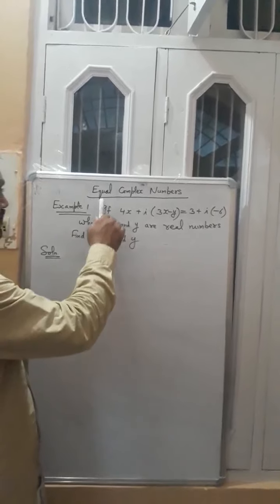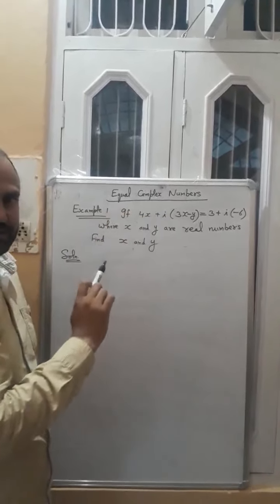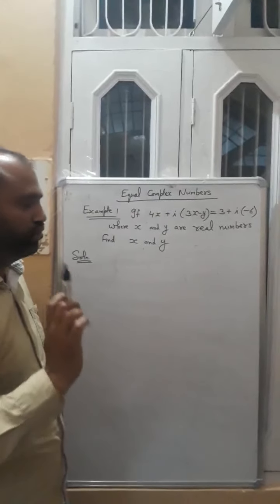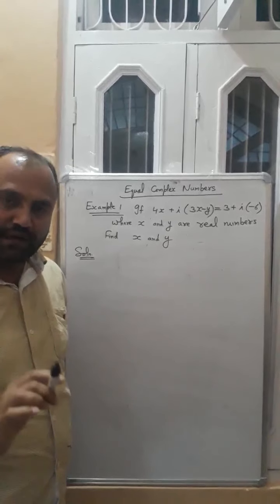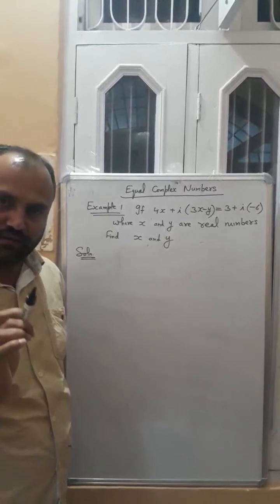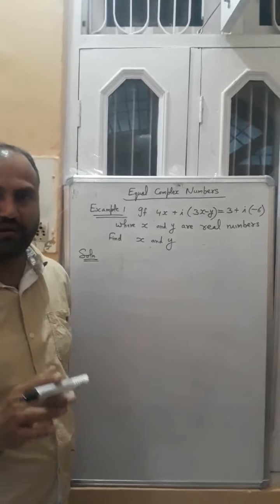Okay, to understand the topic of equal complex numbers, as you know, two complex numbers are equal if real parts are the same and imaginary parts are the same. So let us solve one example. In your NCERT book there is example number 1.